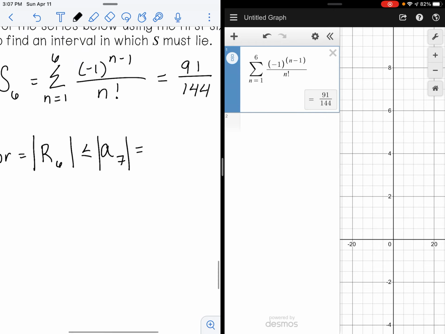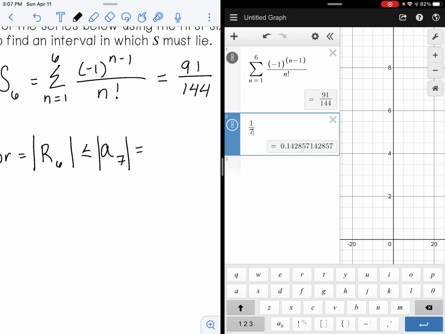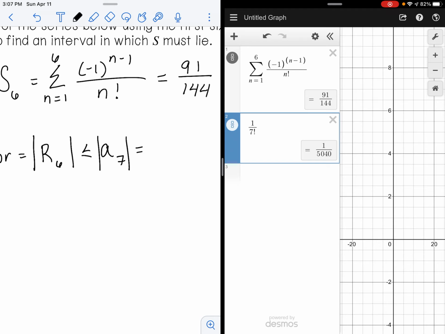So if I plug 7 in for my sequence, I'm going to do a fraction. The alternator doesn't matter then, so I'm going to do 1 over 7 factorial. And that gives me 1 over 5,040. So there's my error amount.